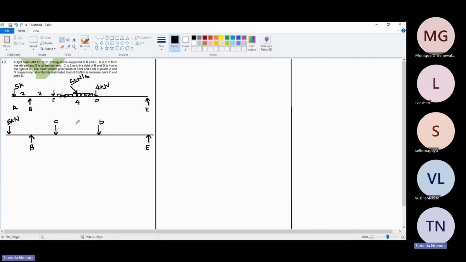But remember, here we are supposed to have a force. To get that force, you take 5 kilonewtons multiplied by 4, then you get 20, isn't it? Then here we have 4, and here we have like this.